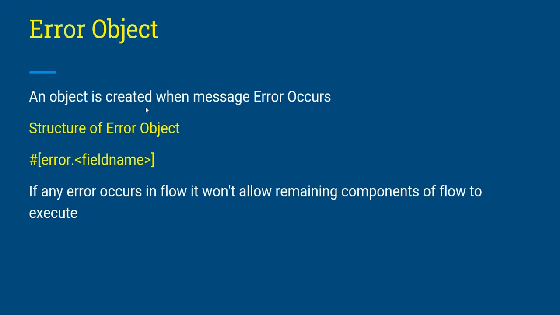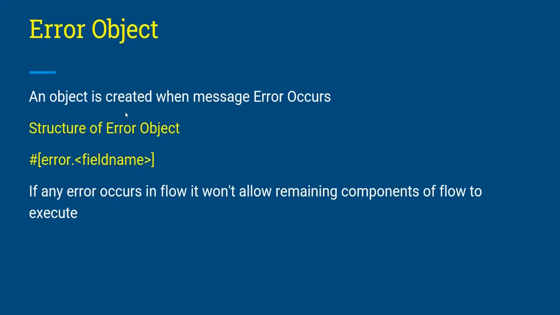If you experience any exception in your flow, it will create a new object which is called error. It will have all the error related details in that particular object, and it has a couple of fields. By using the particular field name, you will get the specific error detail. We will see that in our next slide.